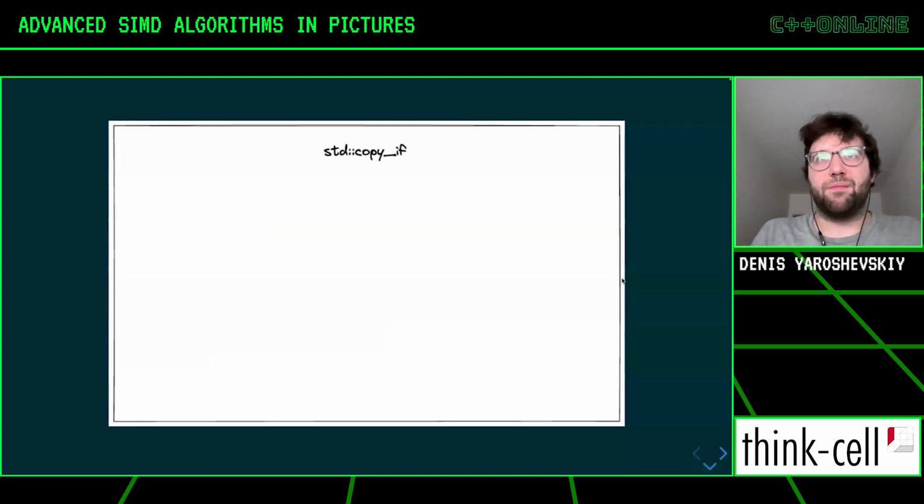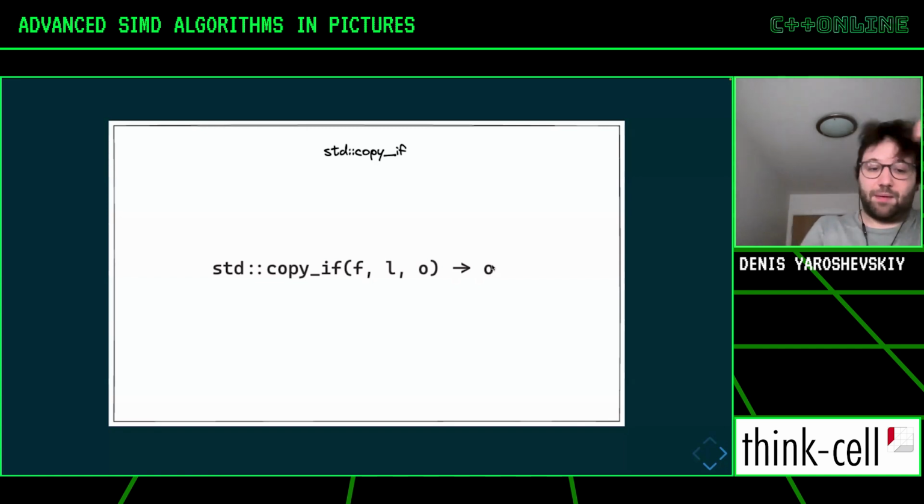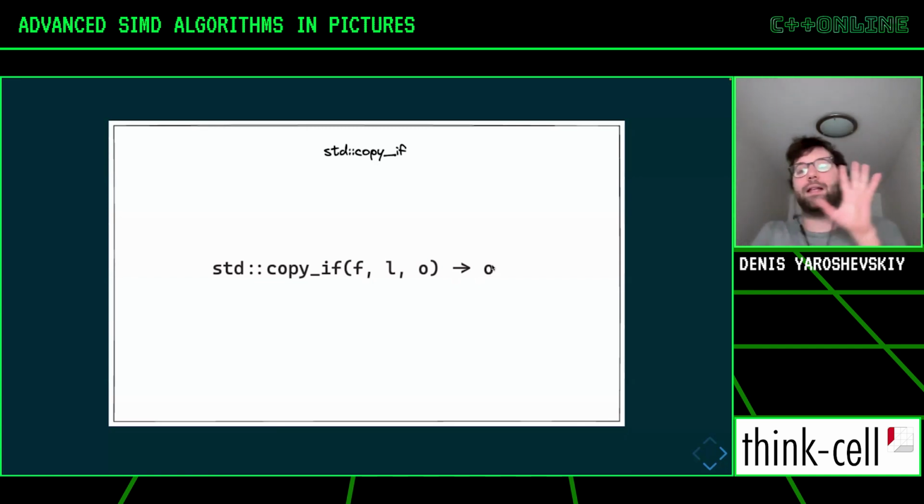Let's talk about the interface for a second. So the interface for standard copy if looks like this. First, last, output, and I'm missing a predicate. There's a predicate here, right? And it returns an output iterator. This is a perfectly fine interface for standard copy, no problem. However, there's a problem for SIMD, specifically this output iterator.